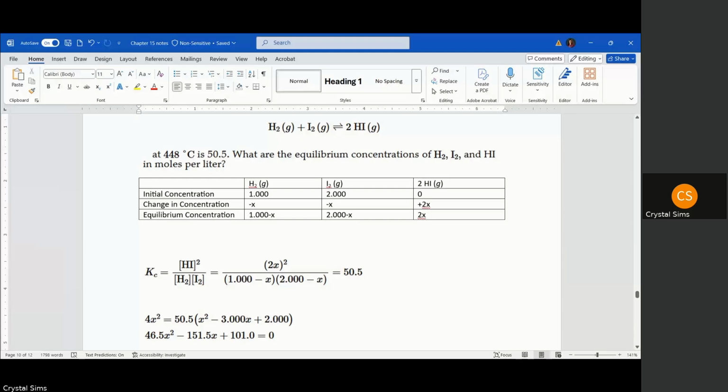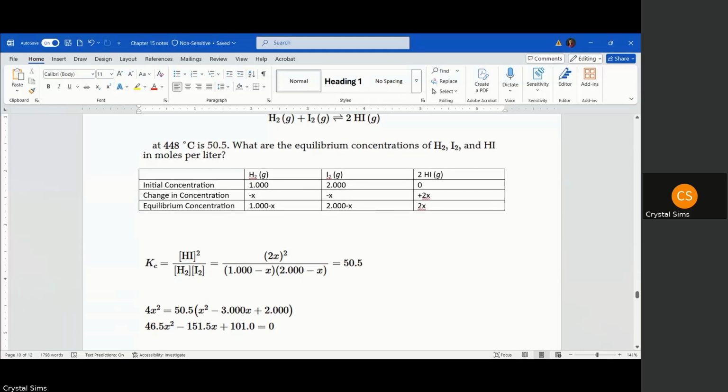And then we plug in our equilibrium concentrations for hydrogen and iodine. And they told us in the problem that our Kc for this reaction is 50.5. So we're going to set that equal to 50.5. So there is our expression. We've got our equilibrium concentrations plugged in there, and we know what our equilibrium constant is.